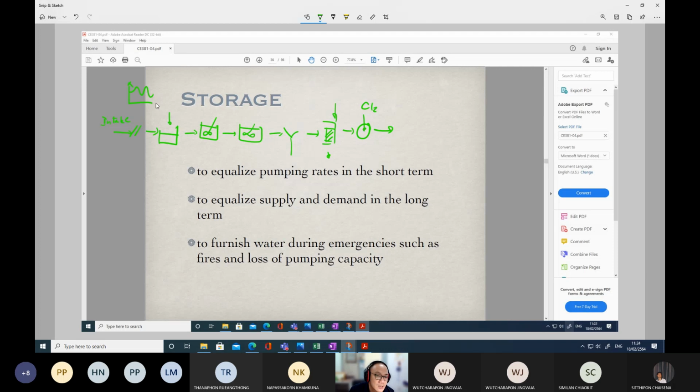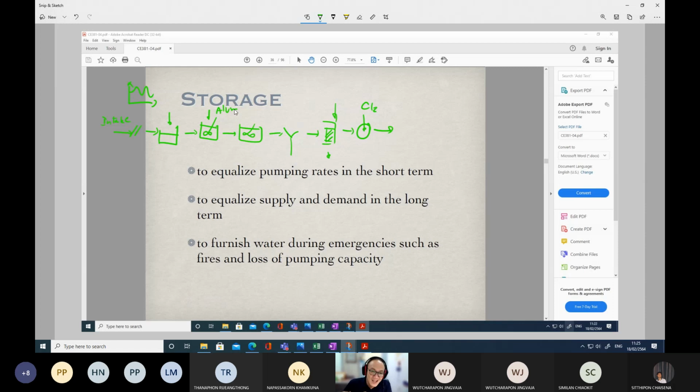There is the fluctuation. But in the next unit operation, where we add the alum, as you have done in the jar test last week, you will find the addition of the alum. The amount of alum used must correspond with the amount of turbidity in the water.